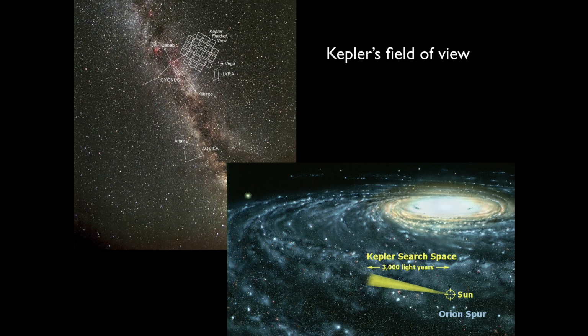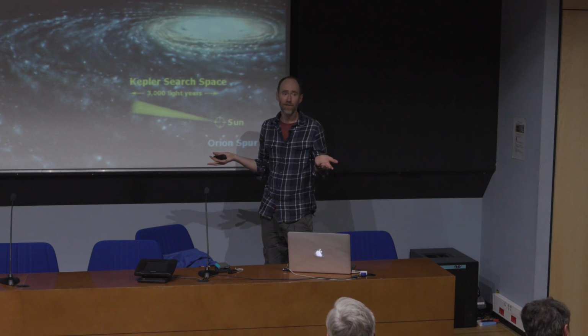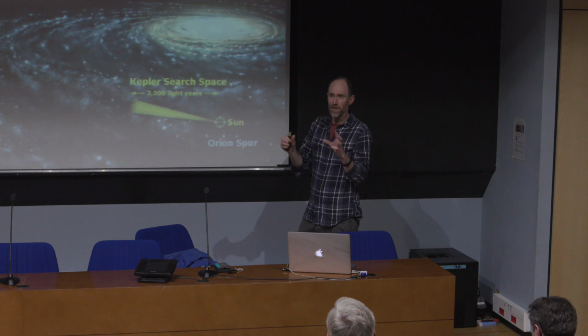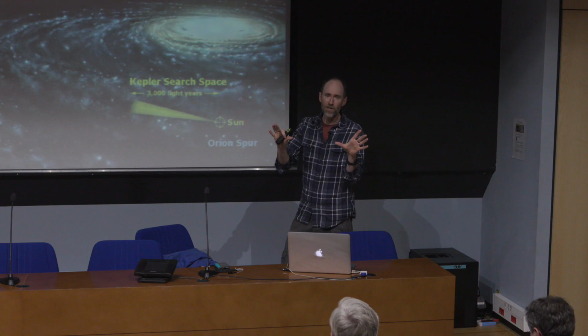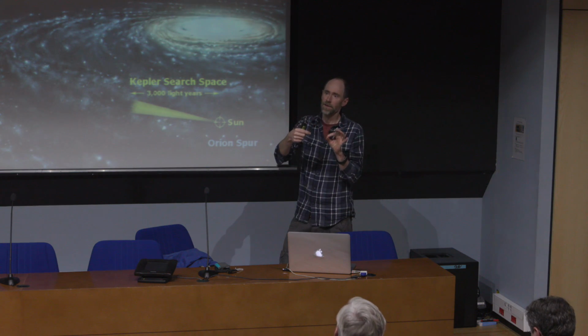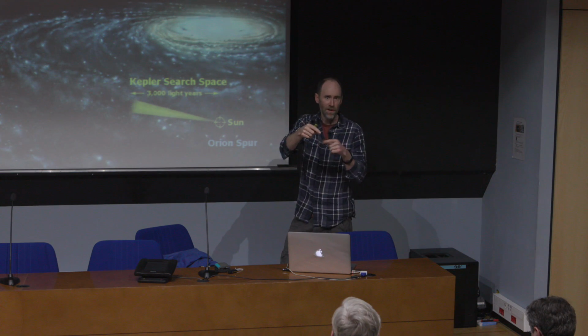It's interesting to think about why it chose its field of view. So Kepler, what is it? It's a camera that was trying to capture as many stars as possible within its field of view and measure their brightness every half hour for as many years as possible. Basically it wants to pack as many stars as possible into a given field of view, but not so many that stars are on top of each other, because then there's a blip in brightness and you don't know which star it came from.